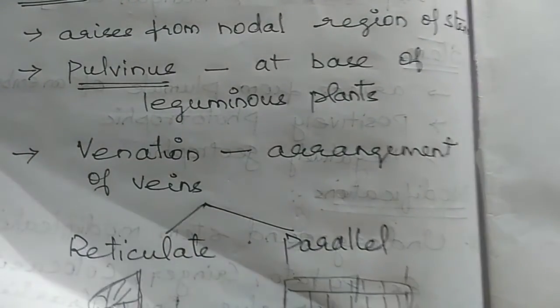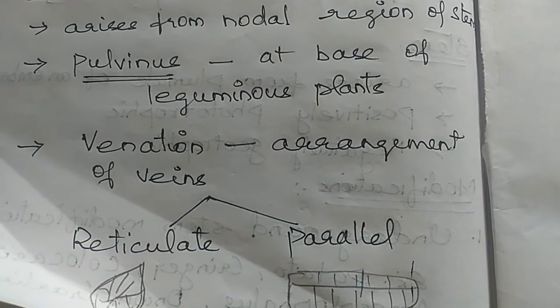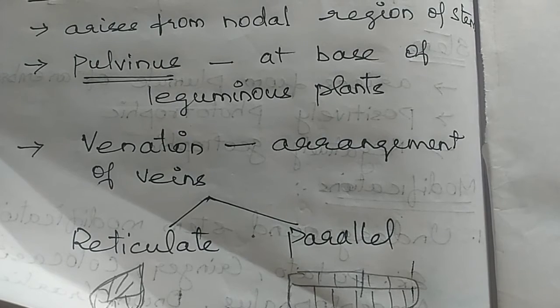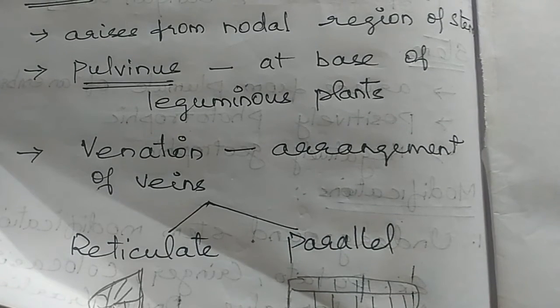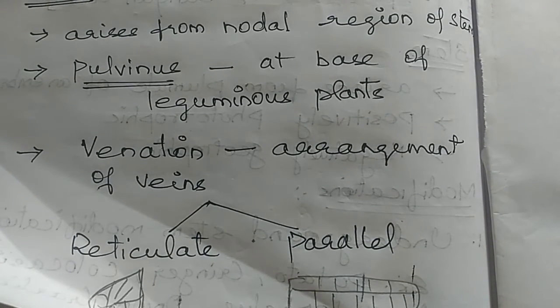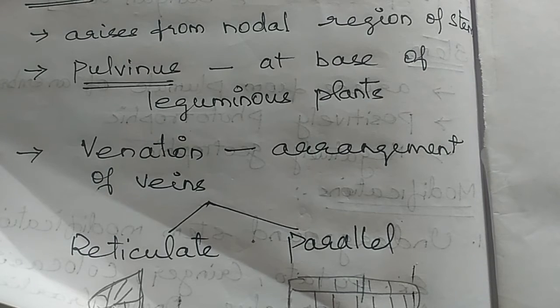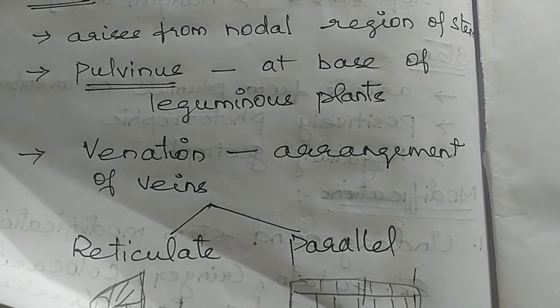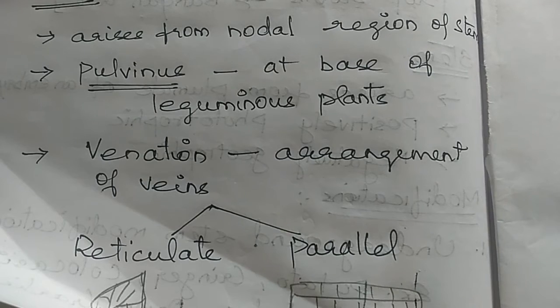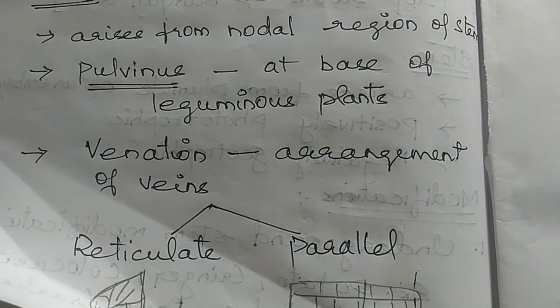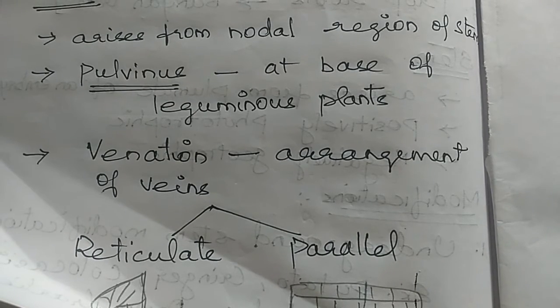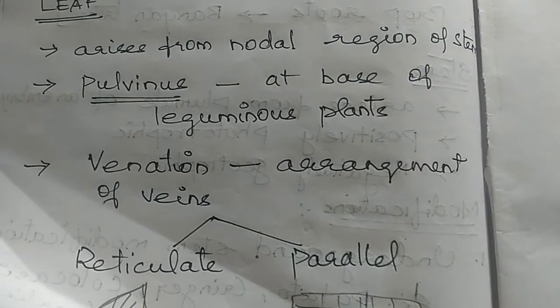So it is reticulate venation or parallel venation. Reticulate venation can be seen in all common leaves. In a hibiscus leaf you can see the reticulate network. Reticulate means network-like structure, and for parallel venation, the best example is banana. In a banana leaf you can see the parallel veins.